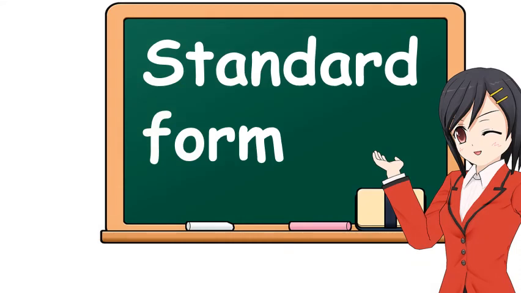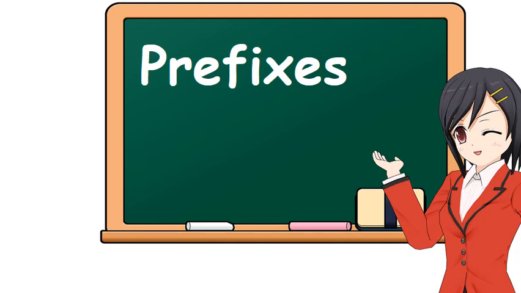Starting off with examples of standard form and examples of prefixes. You can go over these examples a number of times to help you refresh things, but it will also help to find more examples from your textbooks, to find them online, etc. Okay, as always, practice makes perfect. Okay, thank you for watching and enjoy.